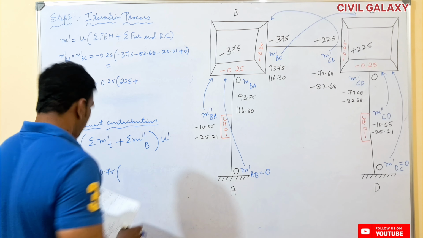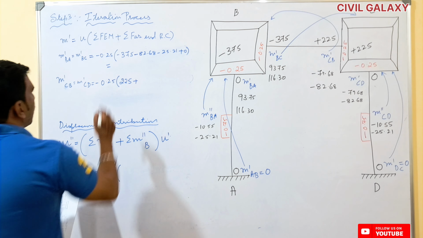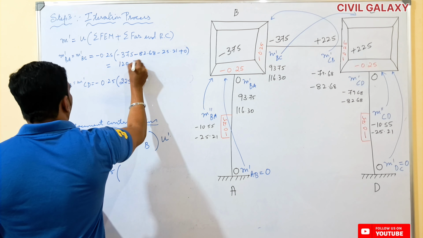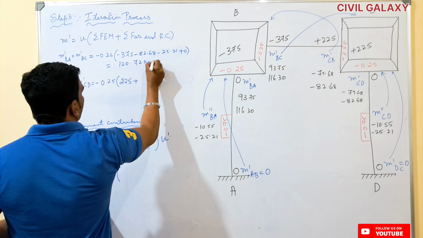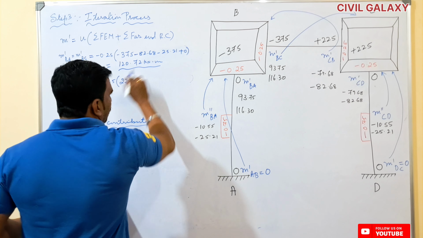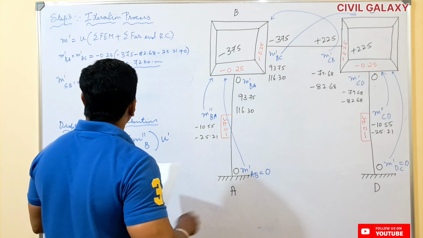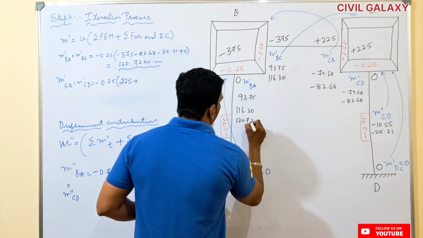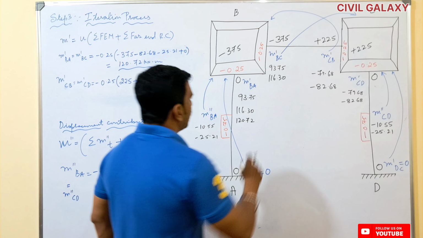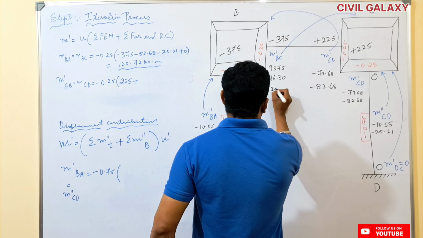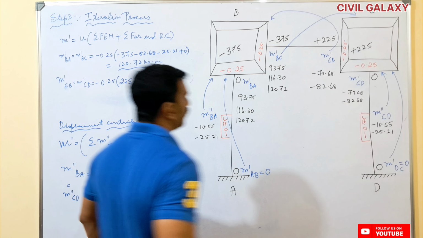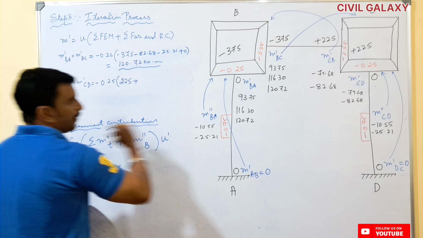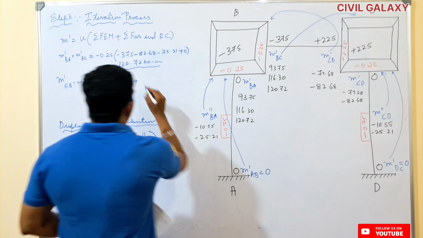So we are having a value of plus 120.72 kilonewton meters. So this value we will provide over here, that is plus 120.72 kilonewton meter. Here also 120.72 kilonewton meters.